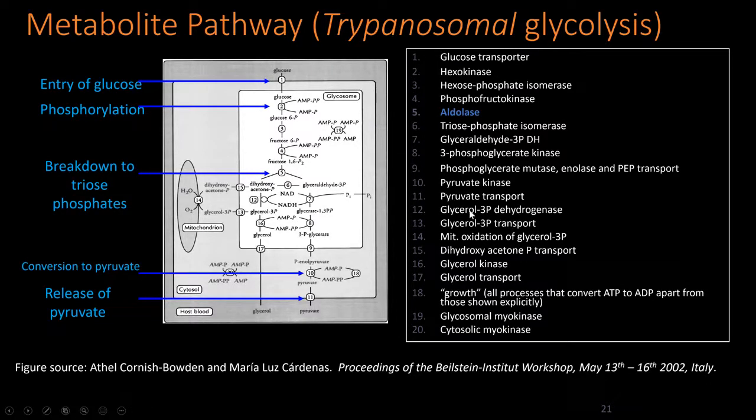Glaxo struggled for almost 10 years to find compounds with fantastic IC50 and good Ki in the test tube, but if they put them in the actual trypanosoma cell, it did not inhibit growth. Here they learned the lesson, and I learned the lesson from them. That's the point: there are a few important things to look at when you design against the pathway. Entry of glucose is most important.